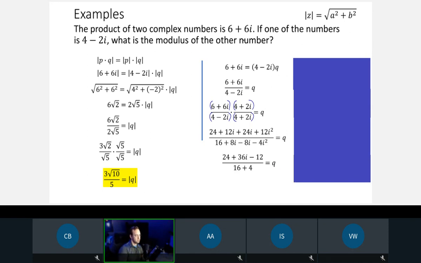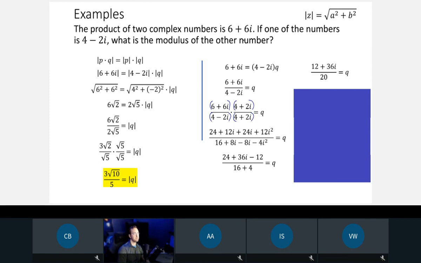And then this next step is i squared becomes -1. I didn't show it, but that's how that positive 12 became -12. And then on the bottom, that -4 became +4. Then 16 plus 4, that's 20, I think, on the bottom. And then that 24 and that -12 combined, those are like terms. So I get here.